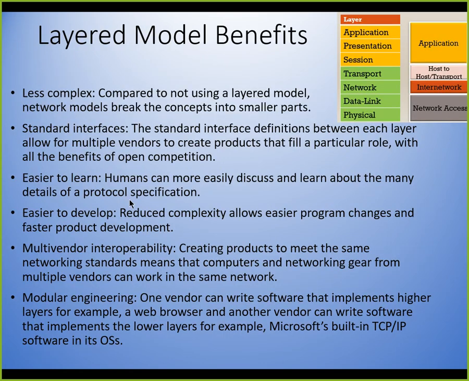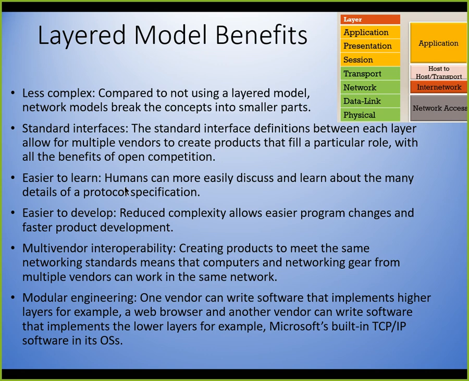And this is again the layers themselves, with the OSI, the Open Systems Interconnect, on the left, and the TCP/IP on the right. What we do is group some of the different layers together with the TCP/IP to do the same function that would happen with the OSI.